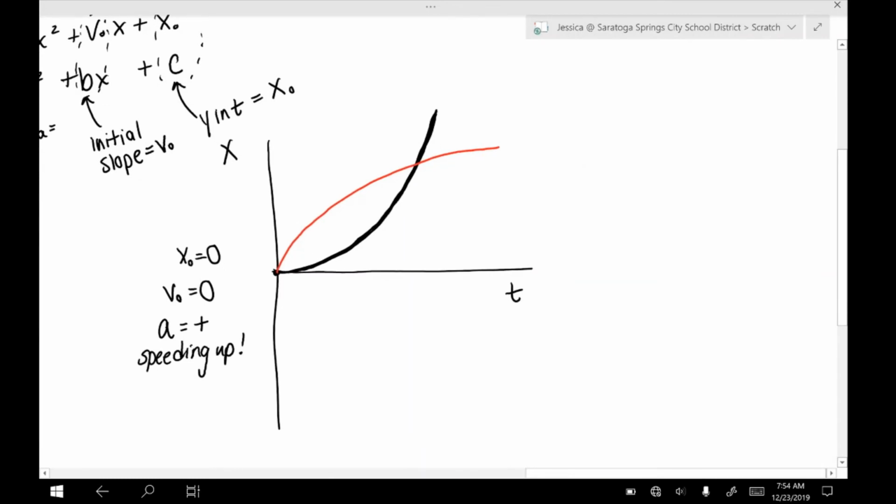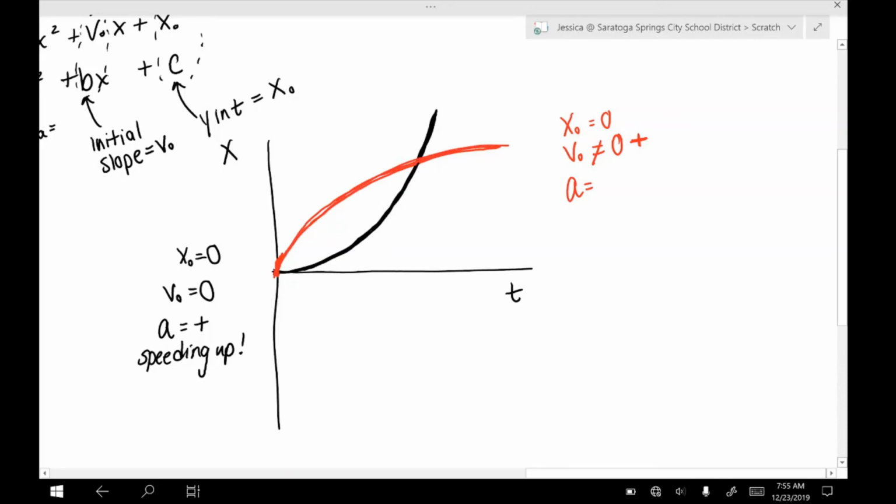Another graph we might see is one that looks like that. Again, we still have an initial position of 0, but this time our initial velocity is not 0, because the slope of this line right here, the tangent line, is definitely not 0. It has some positive value. Our acceleration, this makes a little sad face.